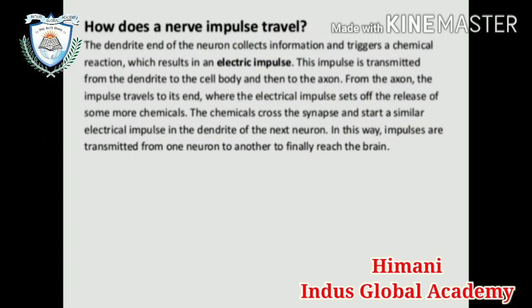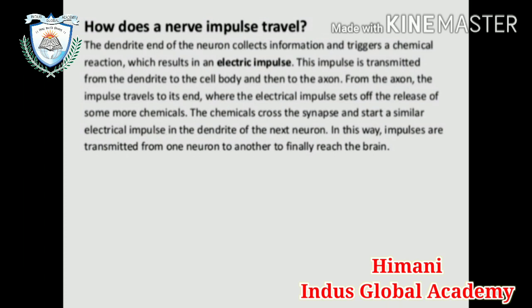The dendrite end of the neuron collects information and triggers a chemical reaction which results in an electric impulse. This impulse is transmitted from the dendrites to the cell body and then to the axon.